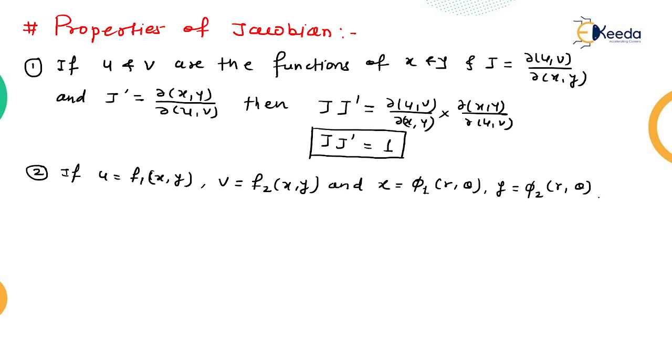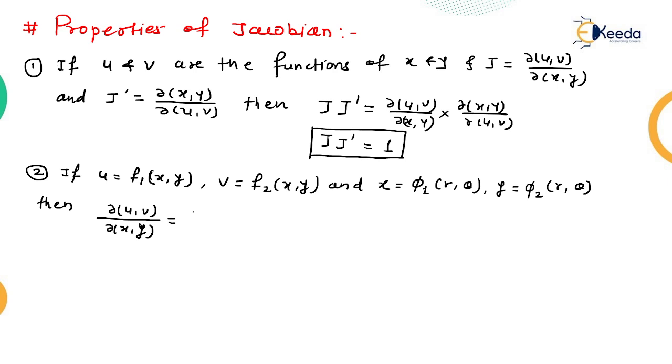Okay, so let's see from here, if u and v are different functions of x and y, and again x and y are functions of r and theta, then how will the Jacobian of (u,v) with respect to (x,y) be calculated? This can be done by using this formula.